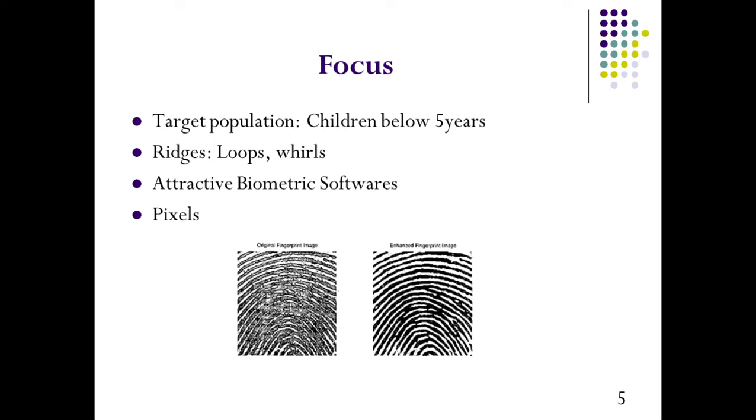An important factor to note is that biometric software was not taken into account by the previous researchers, and the pixels of the fingerprint recognition models were lower, hence could not capture properly the fingerprint images of children.